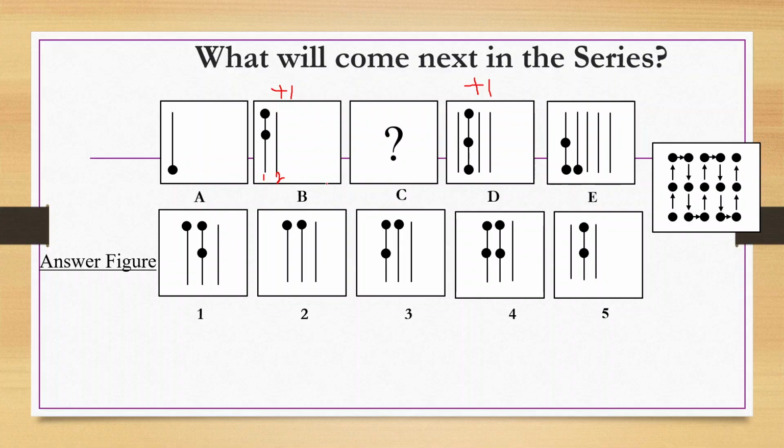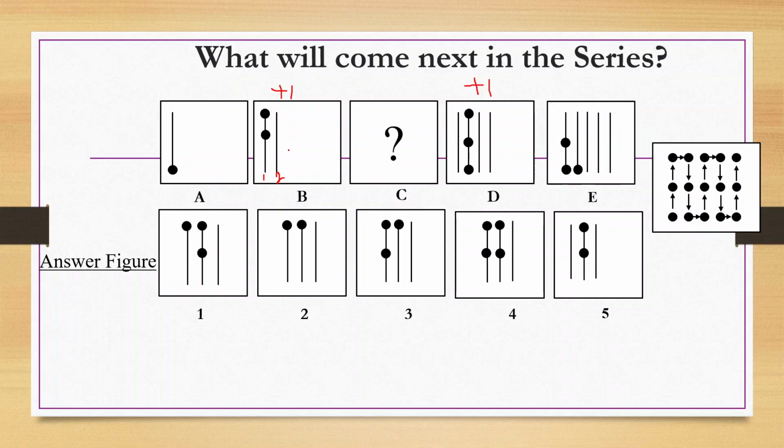So what will happen in figure C? The dot from the top will move to its right and come here at the top of line segment 2, and the dot in the middle of the line segment 1 will move ahead and reach the top of line segment 1.